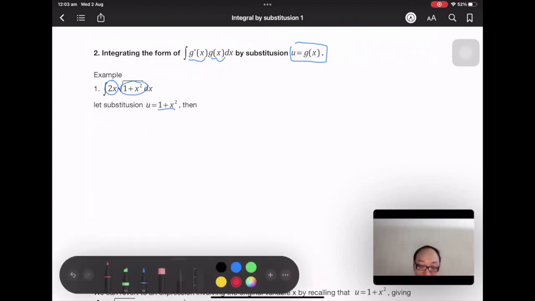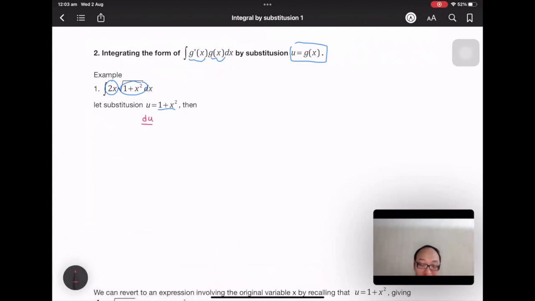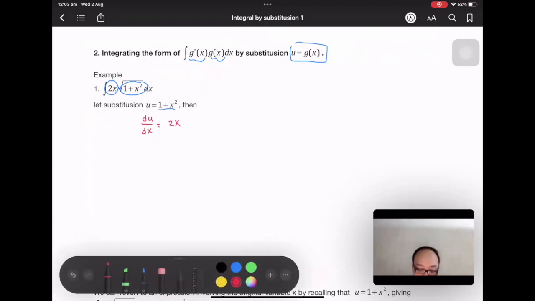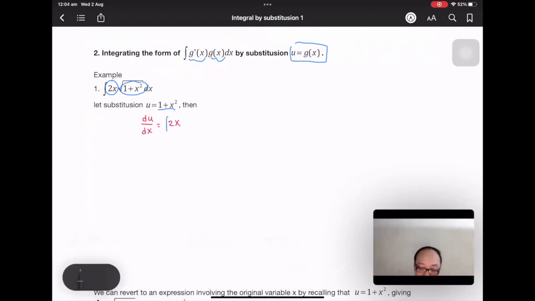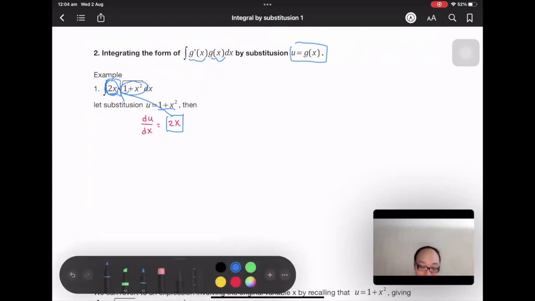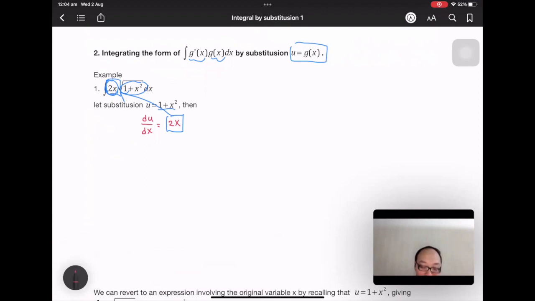So u equals 1 plus x squared, then du dx will be 2x. Now you will see this form. This 2x will be equal to this. So I can continue. du equals 2x dx.